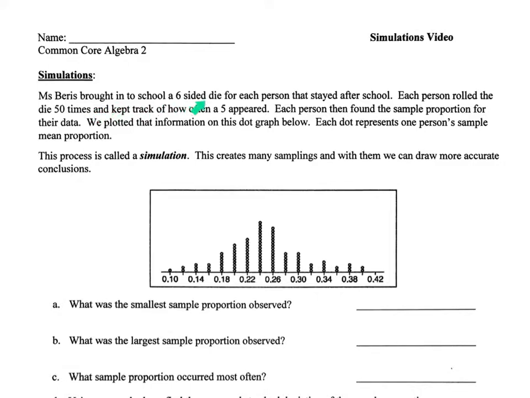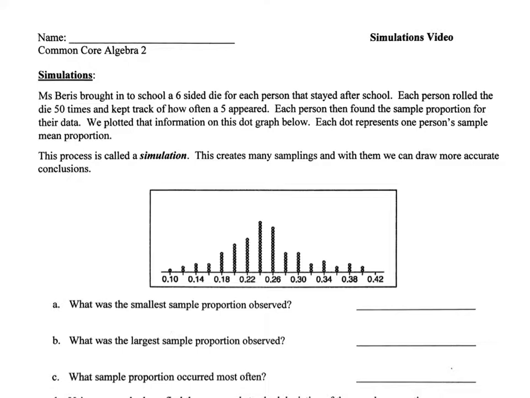So I brought in a 6-sided die for each person at school. If each person rolled the die 50 times and kept track of how many times a 5 appeared, this is a simulation. Each person found the sample proportion for the data, so they did how many 5s over 50, and we plotted it.